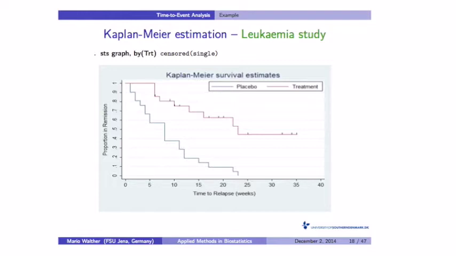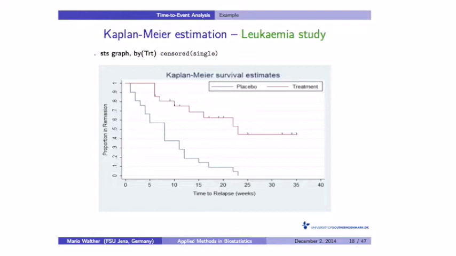So this is the final output we need to interpret. With the Kaplan-Meier plot you get an overall impression of the event time experience in this case. And this plot is more informative than the table with the survival probability.